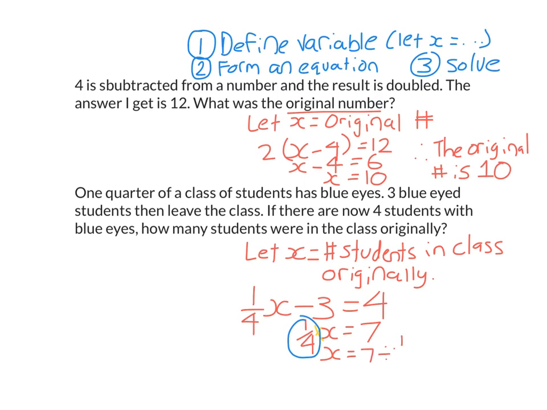So in the test, make sure you use your calculator for this, just to double check you've got it right. So 7 divided by 1/4 is actually 28. So I have found that there were 28 students originally in the class. So that means that 7 of them, 1/4 of them, had blue eyes, then 3 students with blue eyes left, so now there are only 4 with blue eyes.